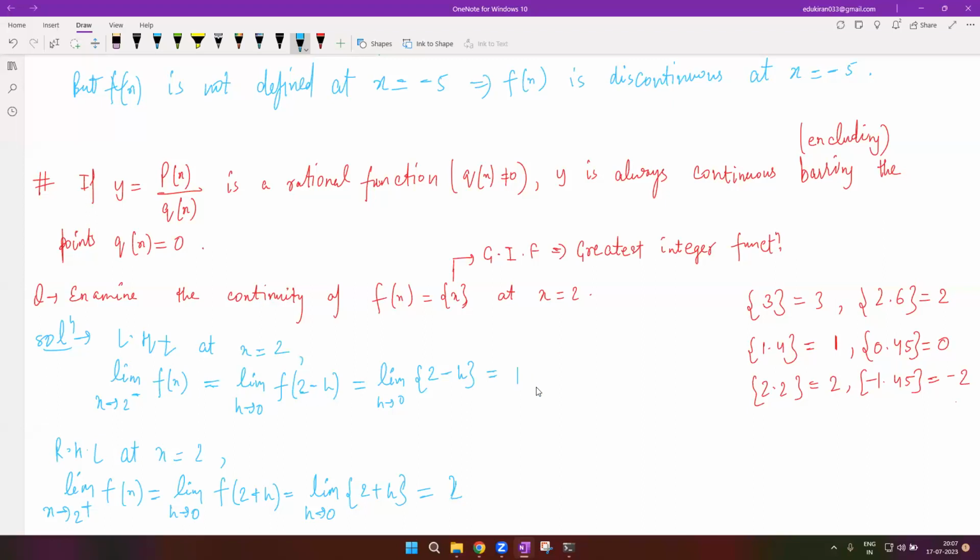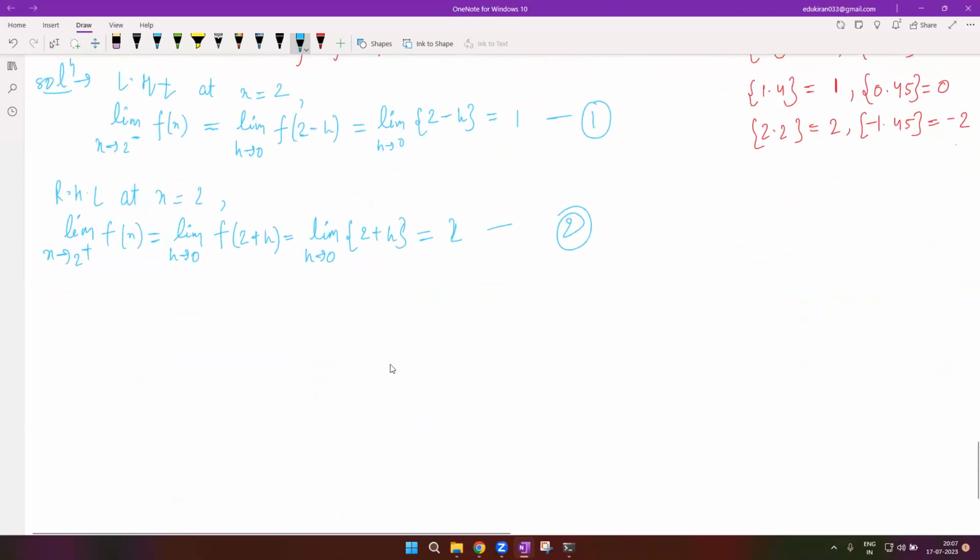So this is your first equation. This is your second equation. Now we need to solve the third part, which is to find the value at 2, f2, which is greatest integer function of 2. The answer is 2.